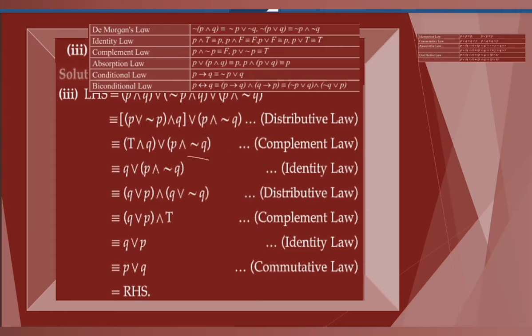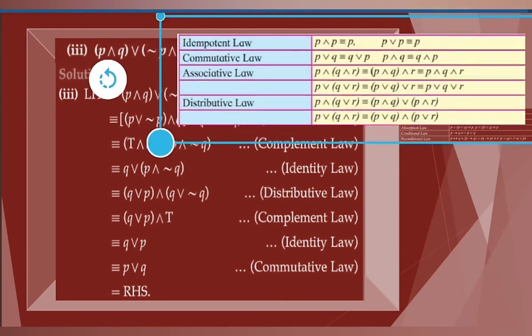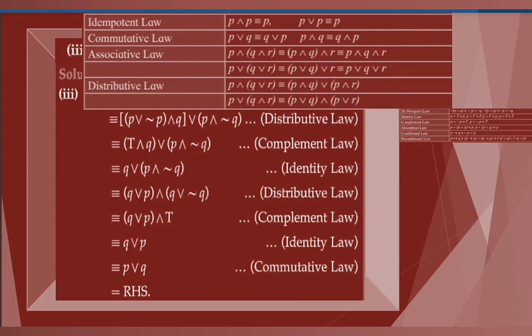This bracket is written as it is, and this is the identity law. Now again we use the distributive law. See the table. Here we use the second last column, last row: P or in bracket Q and R is equivalent to P or Q and P or R. This last row we use here.